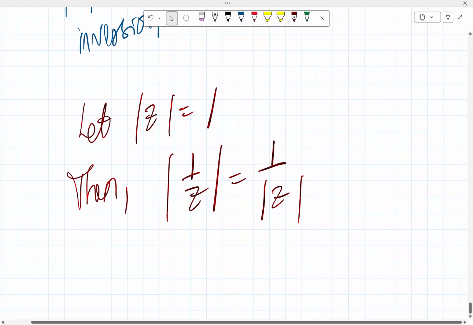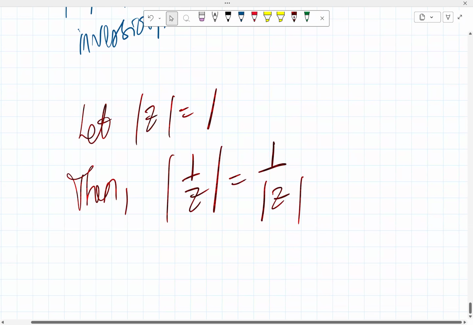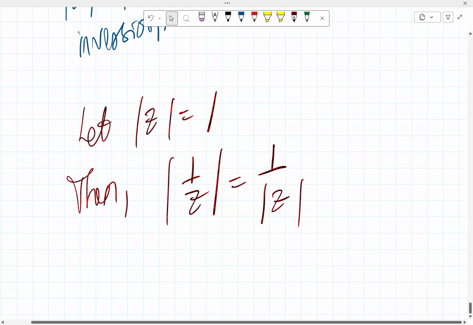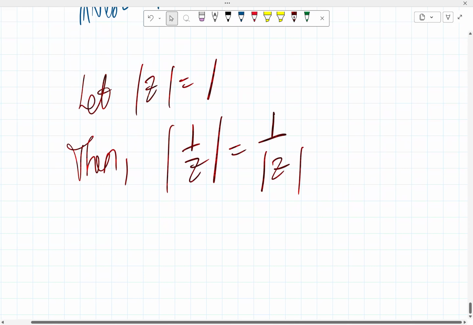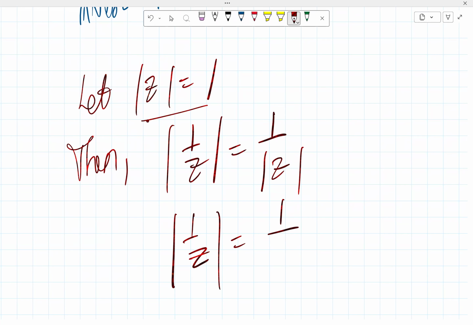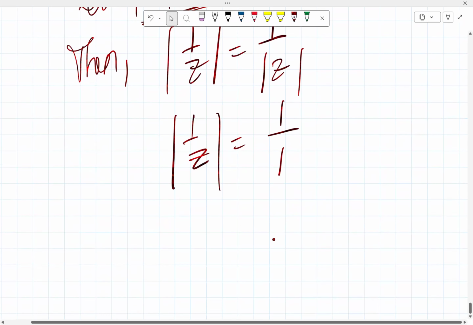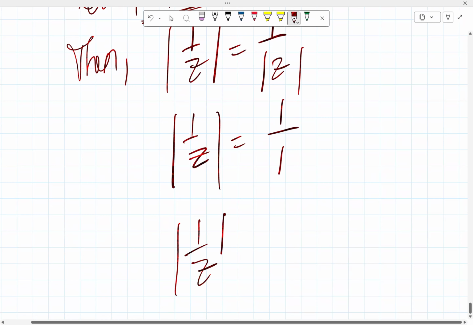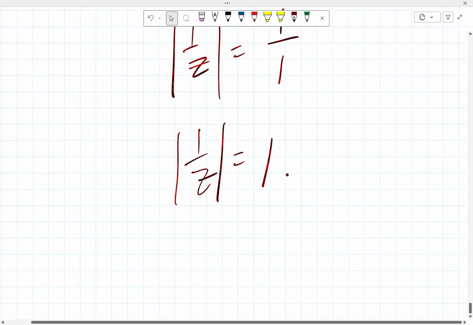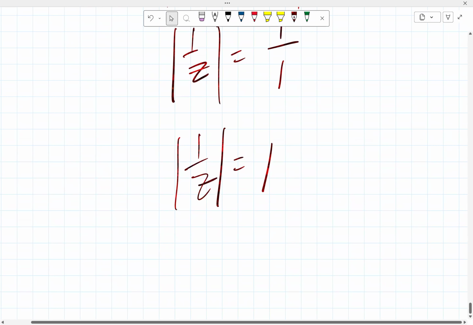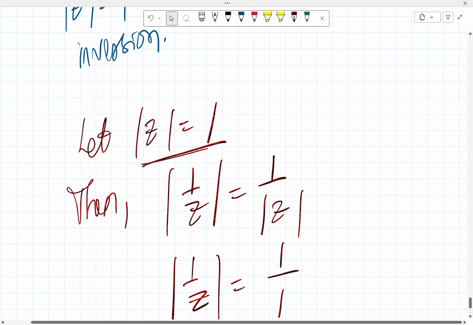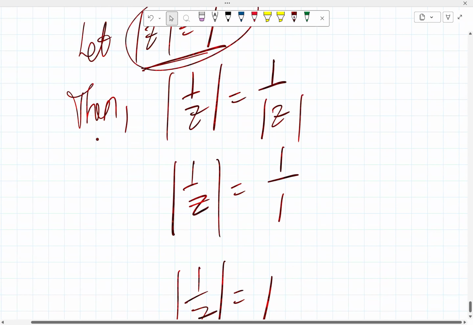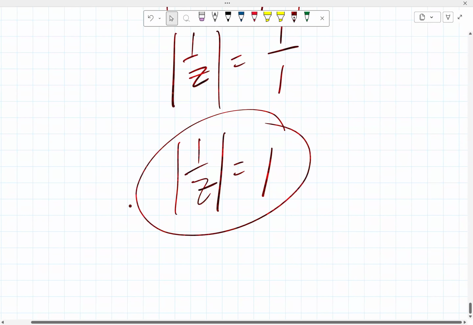Since we already know that absolute value of z is 1, this is already telling us this is 1. So absolute value of 1 over z is equal to 1. In essence, absolute value of z is 1, absolute value of 1 over z is also 1.